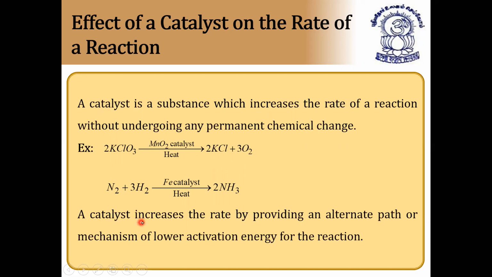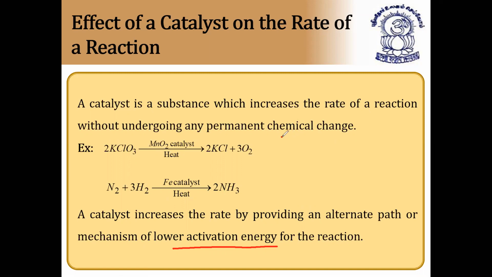So a catalyst increases the rate by providing an alternate path or mechanism of lower activation energy. Very, very important. If you use a catalyst, it decreases the activation energy. A catalyst will lower the activation energy, hence the rate of reaction increases.